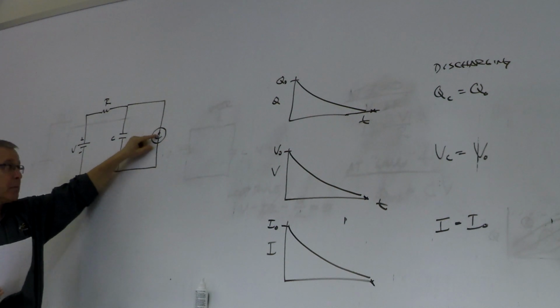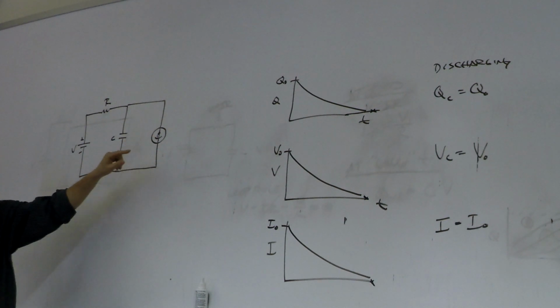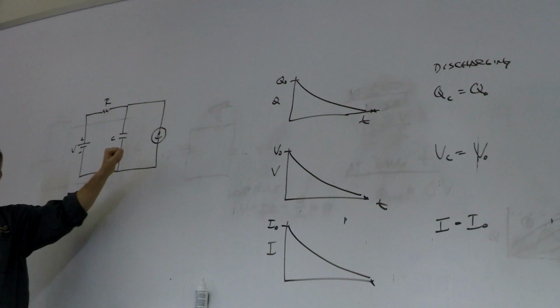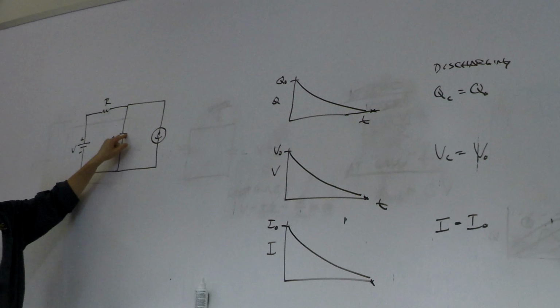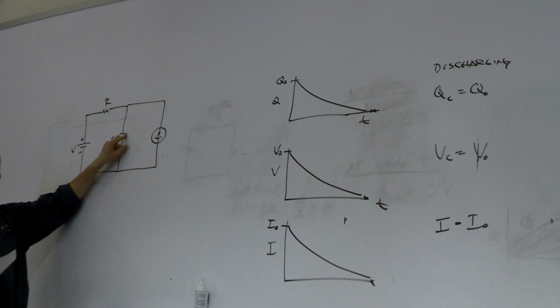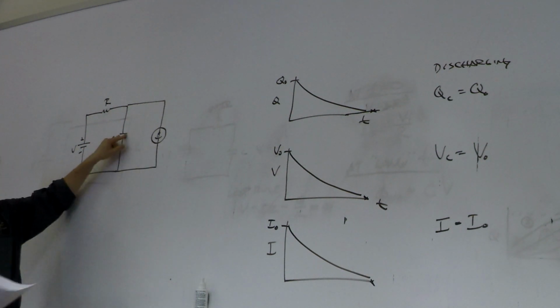If I open up a little pathway here, then what happens? At the moment, I've got a whole bunch of excess charge sitting here, right? And it's being forced on there by that battery. Not happy about it, but that's its only choice until I do that, because now what can happen?